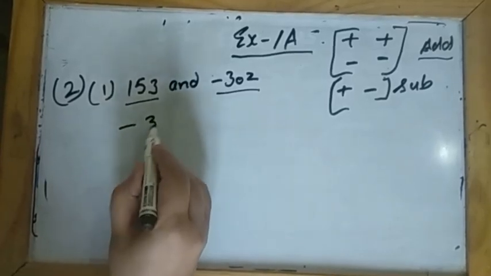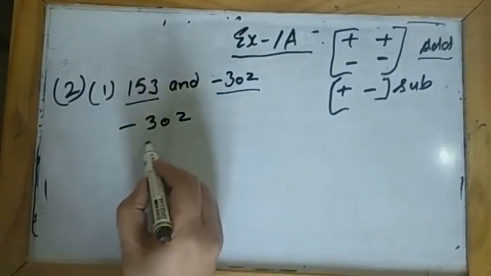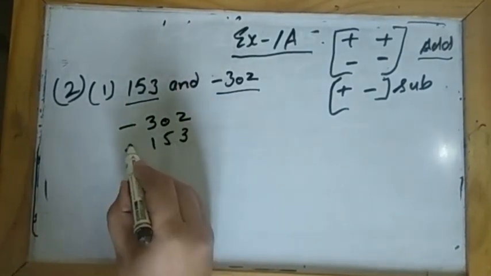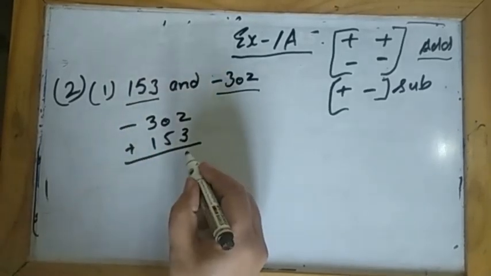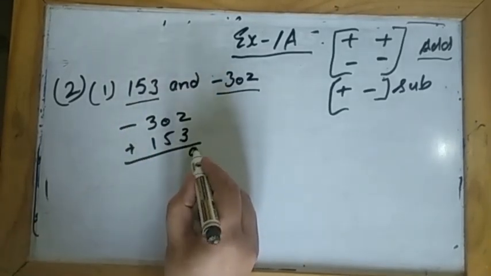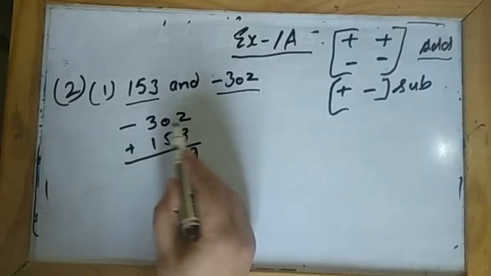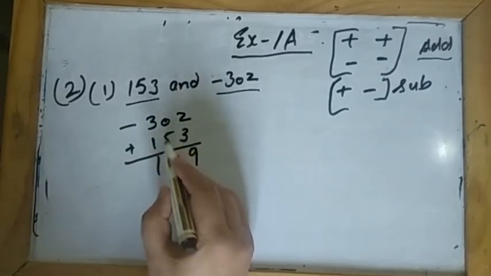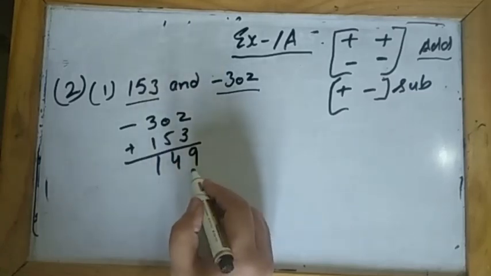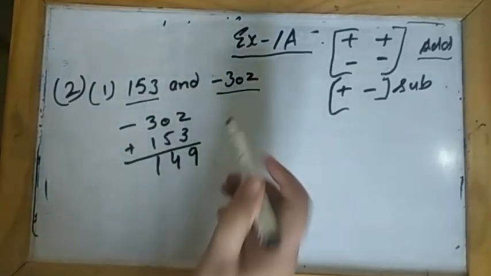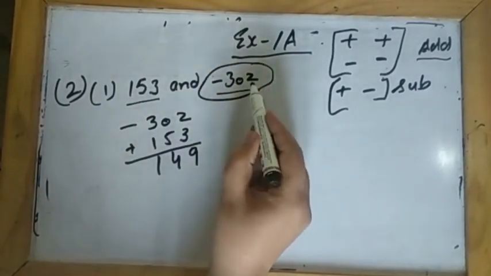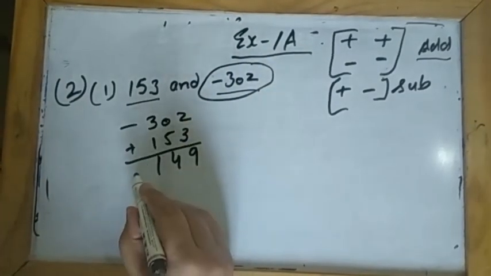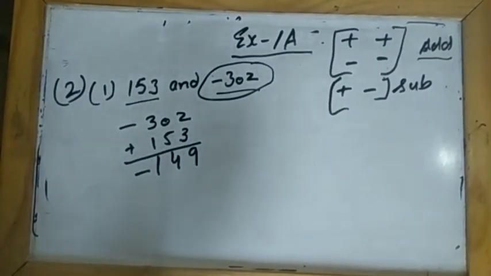So minus 302 and 153. So one is positive, one is negative, so it means I have to subtract them. So the answer is 149. And what about the sign? The sign always is of the bigger integer. So the bigger integer is negative, so my answer also will be negative.